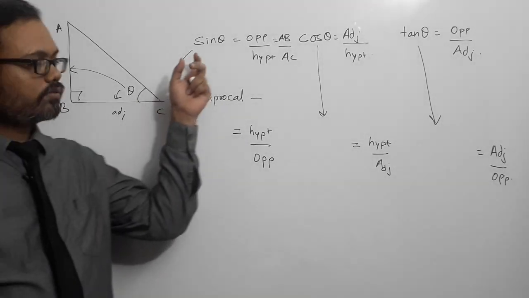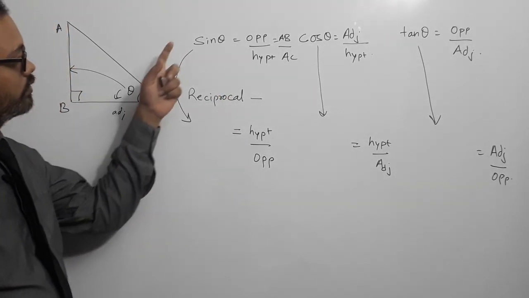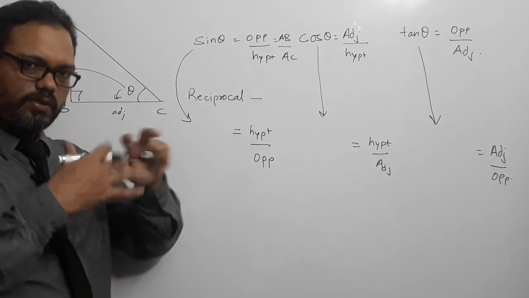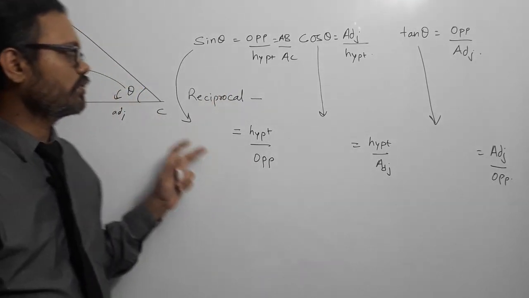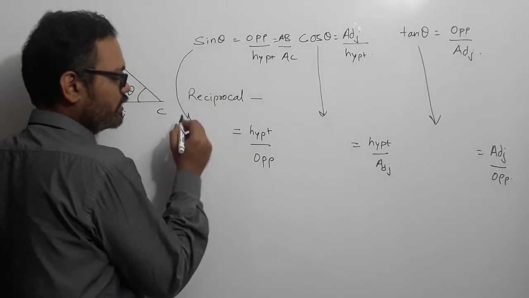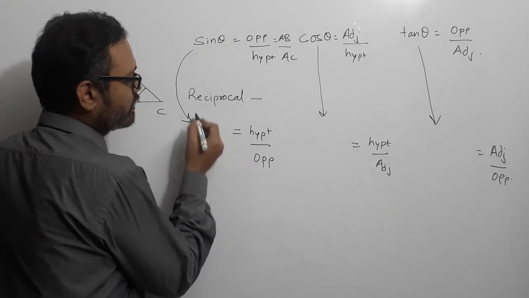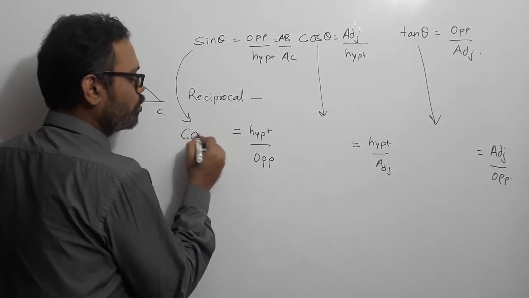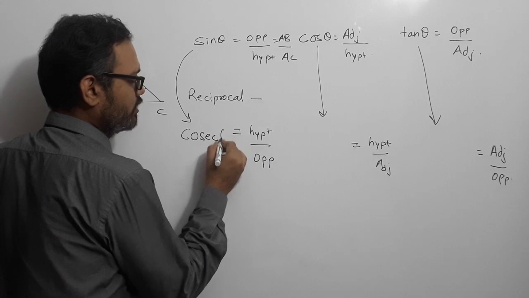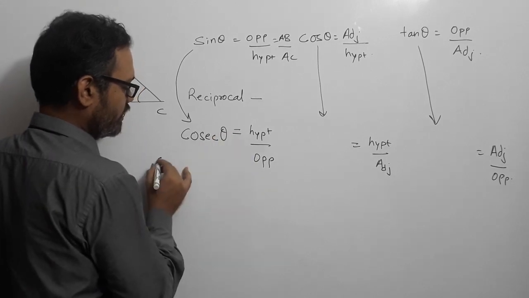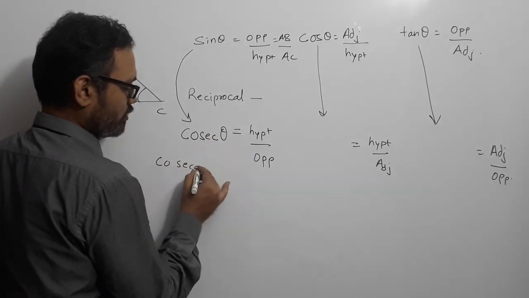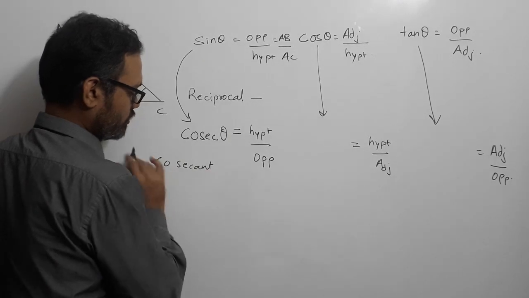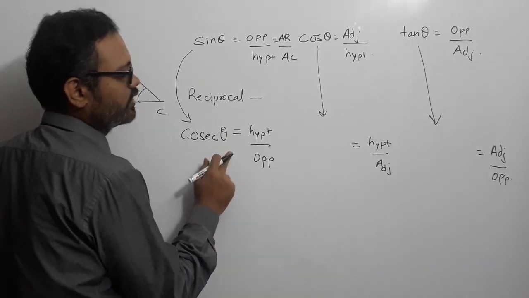Now I am saying reciprocal of sin theta. Since this is sin theta, there is some name to be given to this reciprocal. Sin theta reciprocal is known as cosec theta, which is cosecant. No need to remember this, just remember cosec theta.